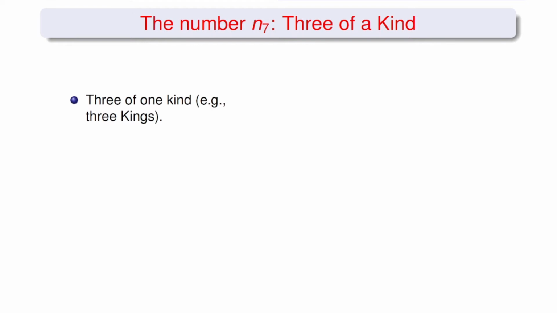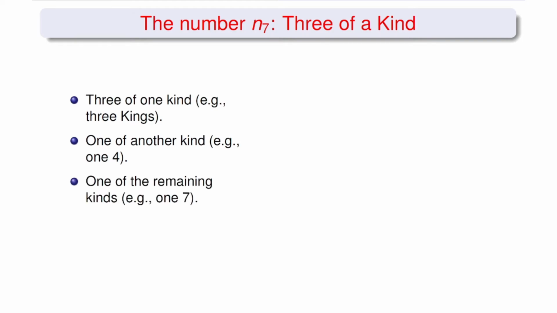We need to have one of another kind. For instance, a 4. And finally, one of the remaining kinds. Okay, so it cannot be the same as the first kind or the second kind. It must be one of the remaining kinds. So for instance, a 7. Now, 3 kings plus a 4 plus a 7, you put them together, that is 3 of a kind.